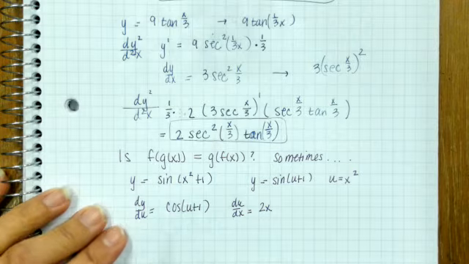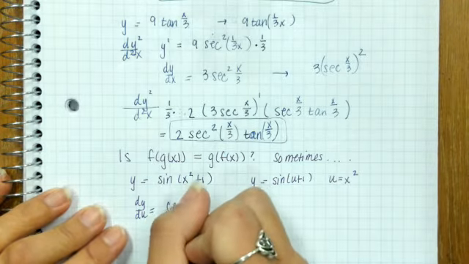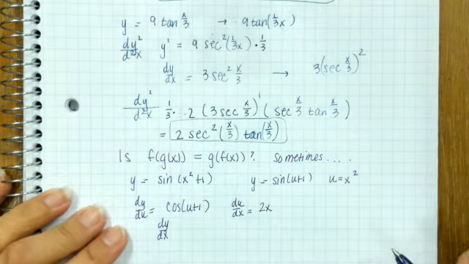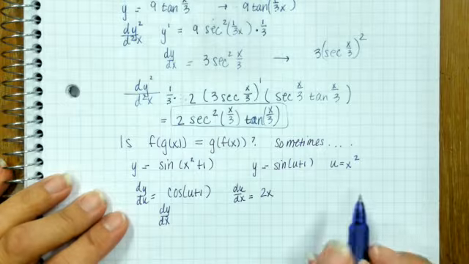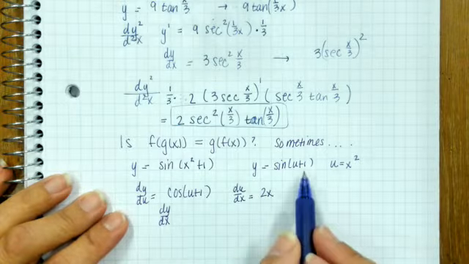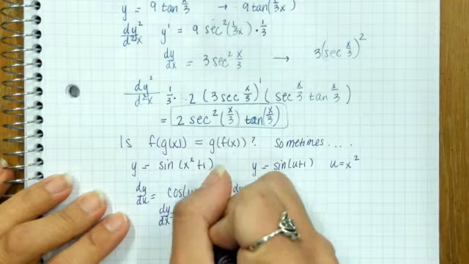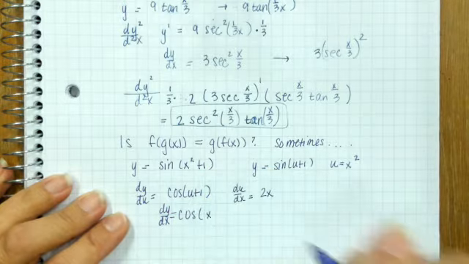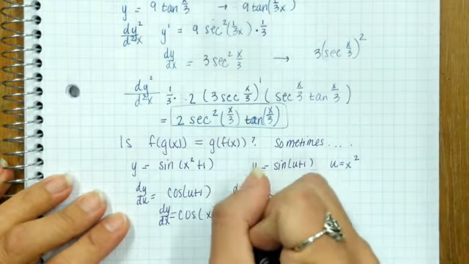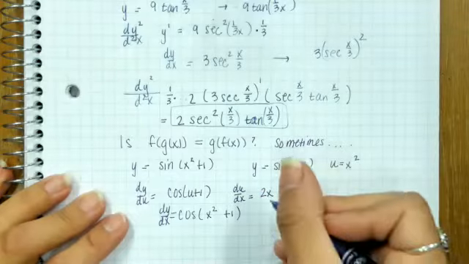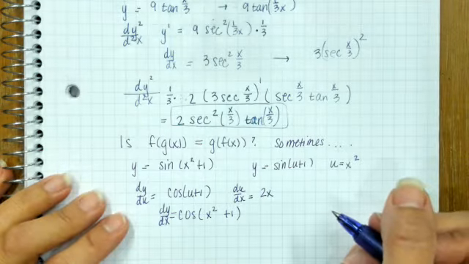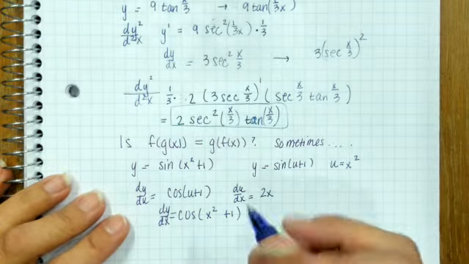So I'm going to multiply the 2 together. So dy dx is the cosine of u plus 1, but u is x squared, times the derivative of u, which was 2x.